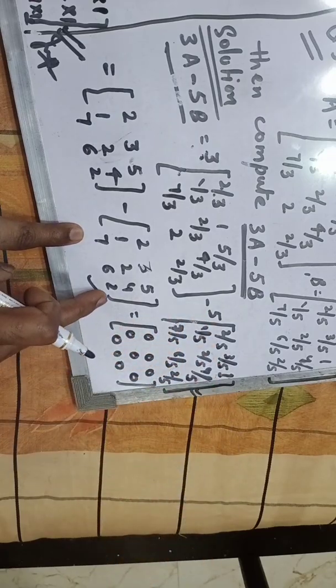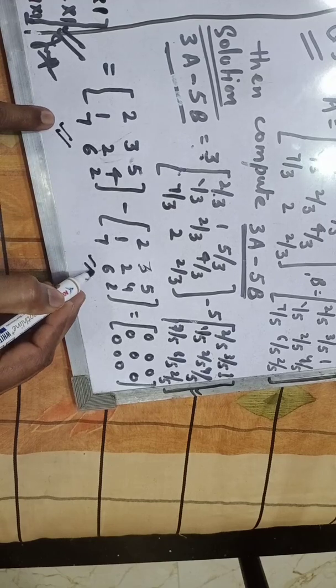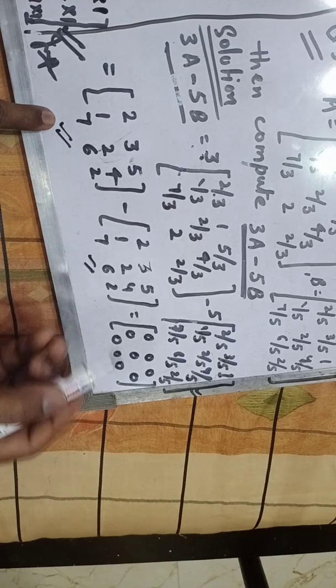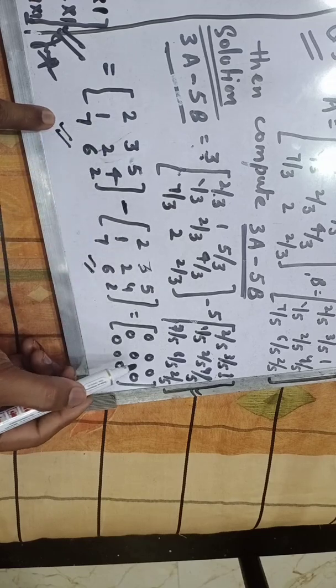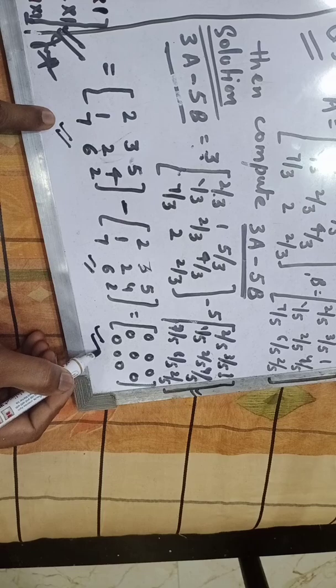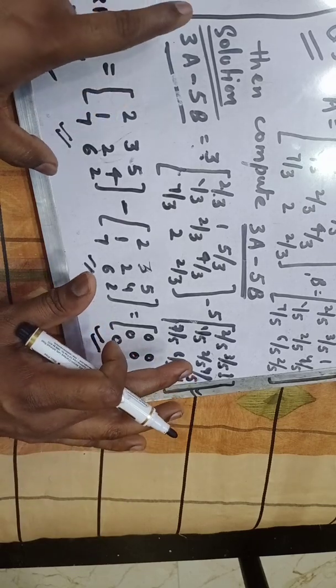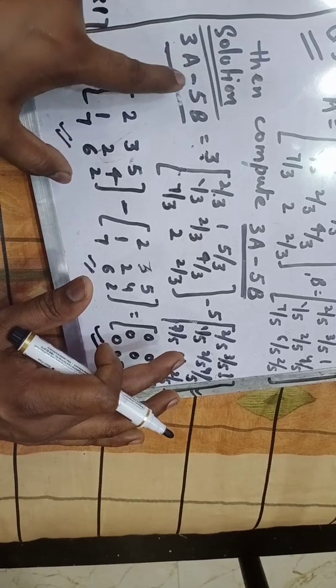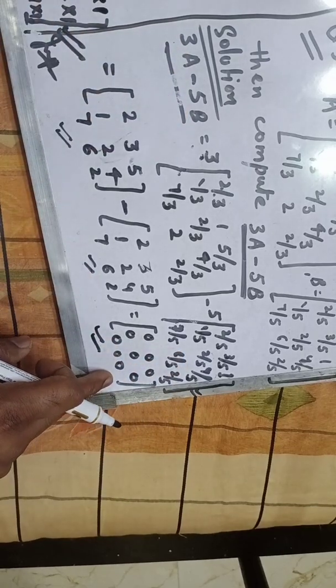Got it? After multiplication, you will get this matrix and this matrix. Now it is very easy, we can subtract these two. If you subtract, you will get a zero matrix. So here is the solution: the value of 3A minus 5B is equal to 0, that is a zero matrix.